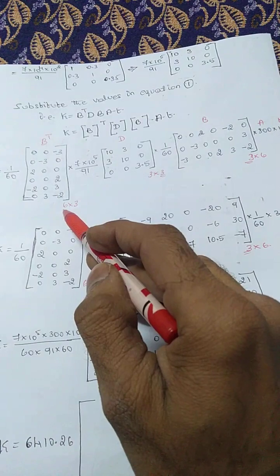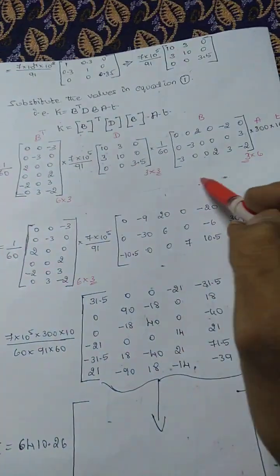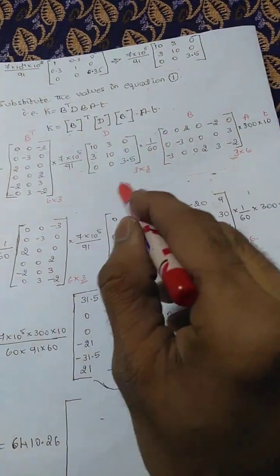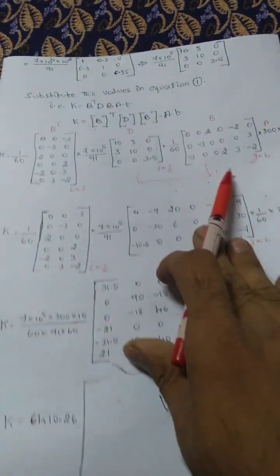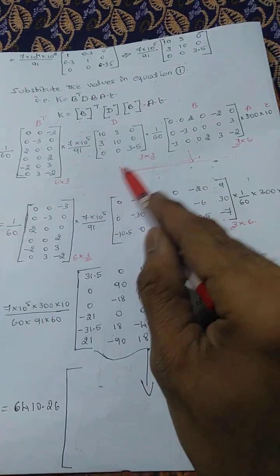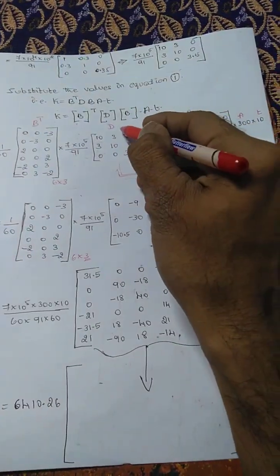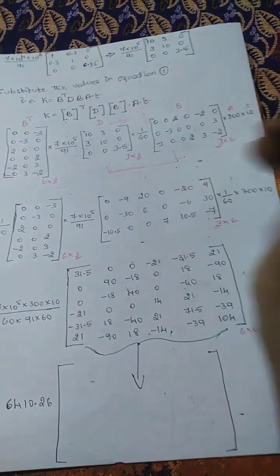So matrix, this is 6 into 3, 3 into 3, this is 3 into 6. So initially we will start with these two. Okay, so write this as it is, and here how the multiplication goes on is like this, and this is like this.